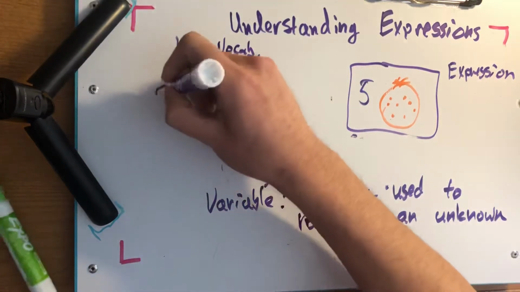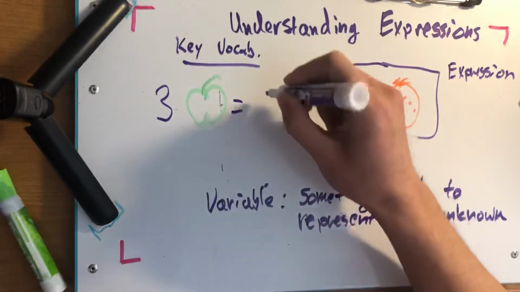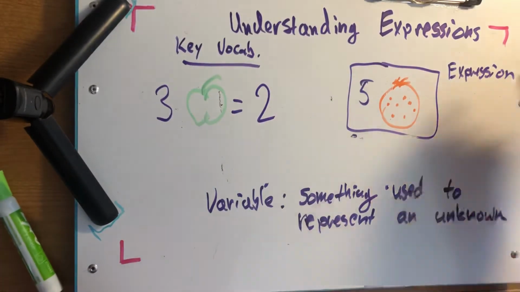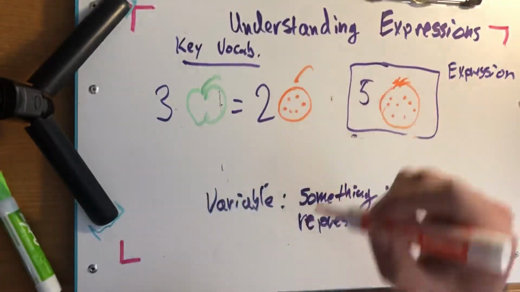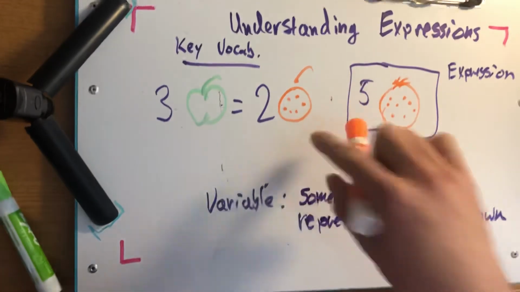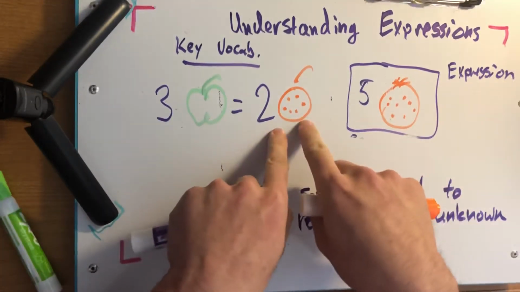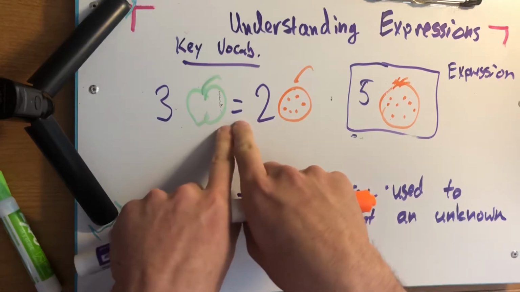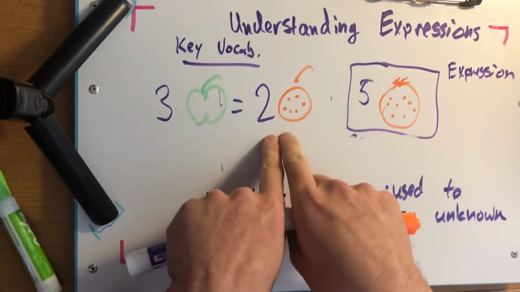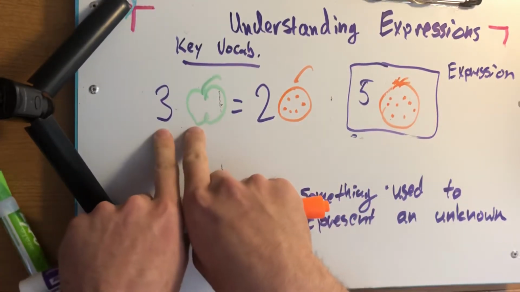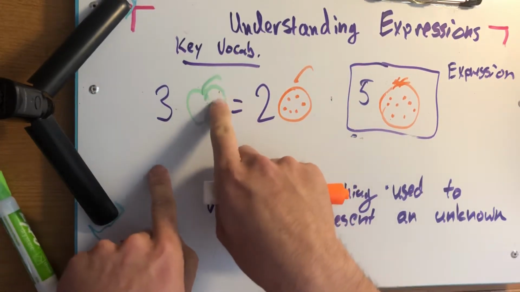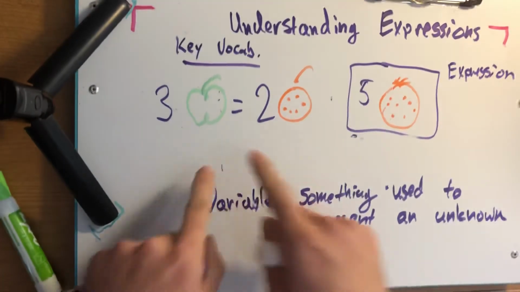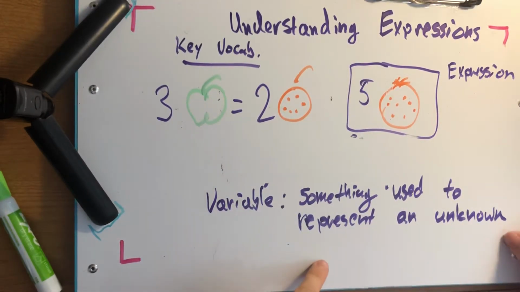We could have 3 apples equals 2 oranges. We don't know how much an orange is actually worth here. No one's told us. But we know that, and this is an equation now because it's comparing 2 things, 2 oranges is equivalent to 3 apples. So a variable is just used to represent something that is unknown. That's all it is.